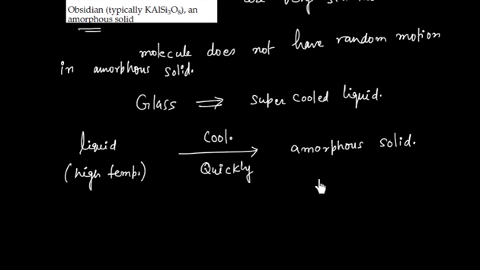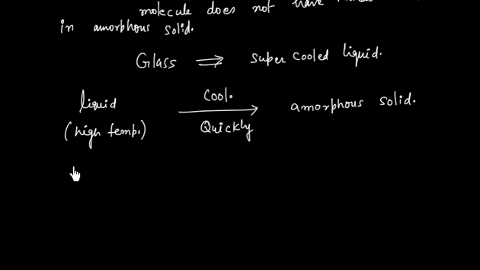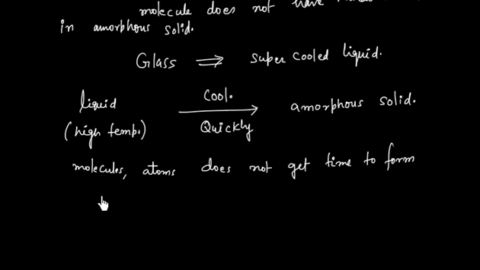This is because atoms or molecules do not get the chance, the time, to form order, or we can say to form a unit cell, or to form a crystal.